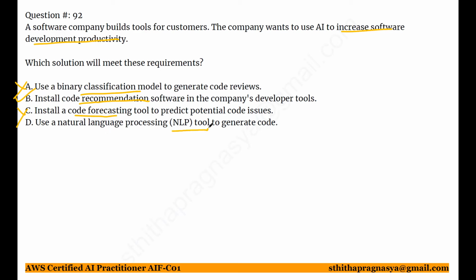And option D, NLP tools can generate code based on natural language inputs, which can assist in development. However, this approach may be less precise and harder to control compared to integrated recommendation tools. While it can be part of the solution, it is less tailored to daily developer workflows. So this is not the best choice, as it may not fit seamlessly into existing developer tools compared to option B. So the right answer is B.